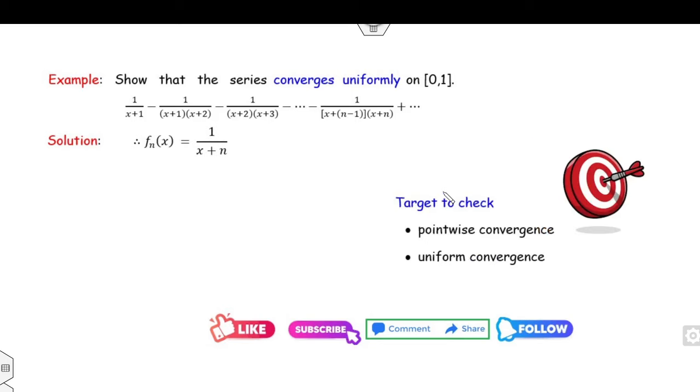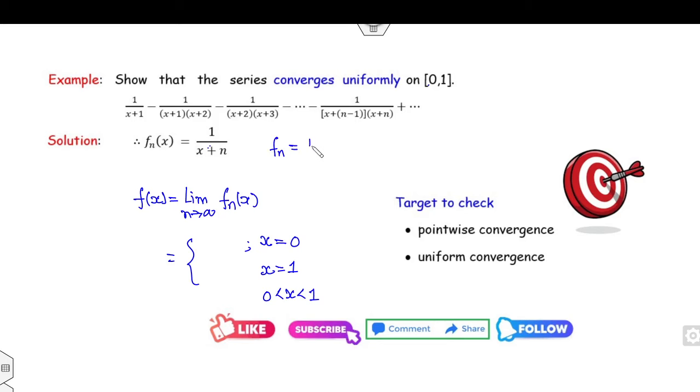Then we can check the pointwise convergence. So can you take the limit as n approaches infinity of f_n(x)? Now since my domain is the closed interval, I can consider three cases. Firstly, x is 0. Second, x is equal to 1. And the third case is x lies between 0 and 1. What will happen if x is equal to 0? Then f_n(0) will be 1 over n, then the limit will be 0.